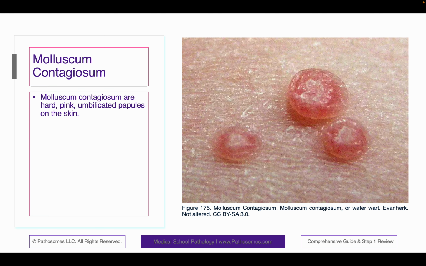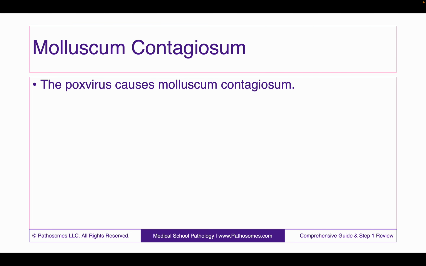Now, molluscum contagiosum. Molluscum contagiosum are hard, pink, umbilicated papules on the skin, as you can see here to the right. The pox virus, that's important to remember, the pox virus causes molluscum contagiosum.